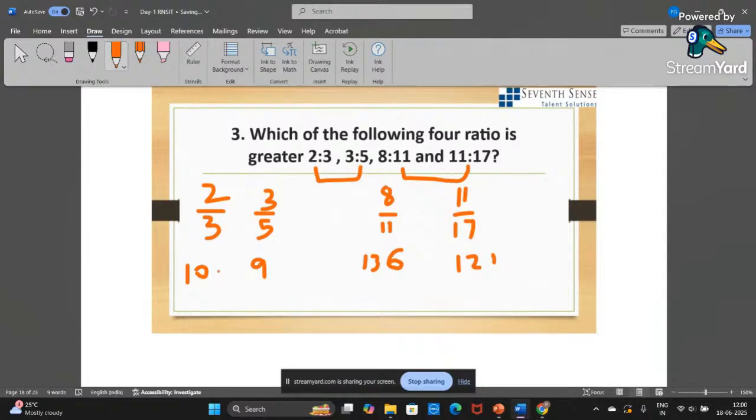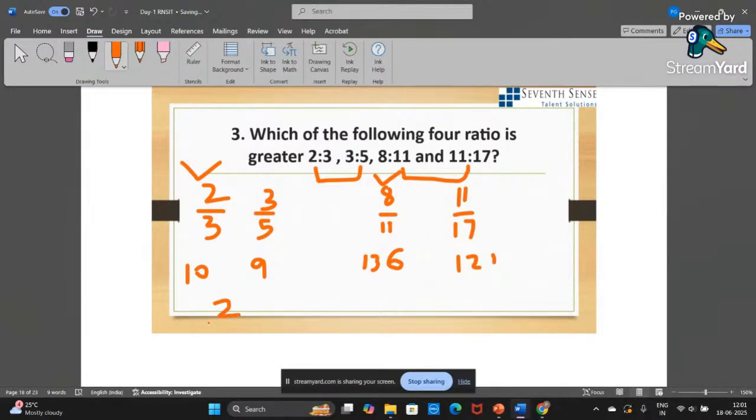Between these two, which is the greater one? This is the greater one. So let us take this, and between these two, this is the greater one. Now, let us compare 2 by 3 and 8 by 11.